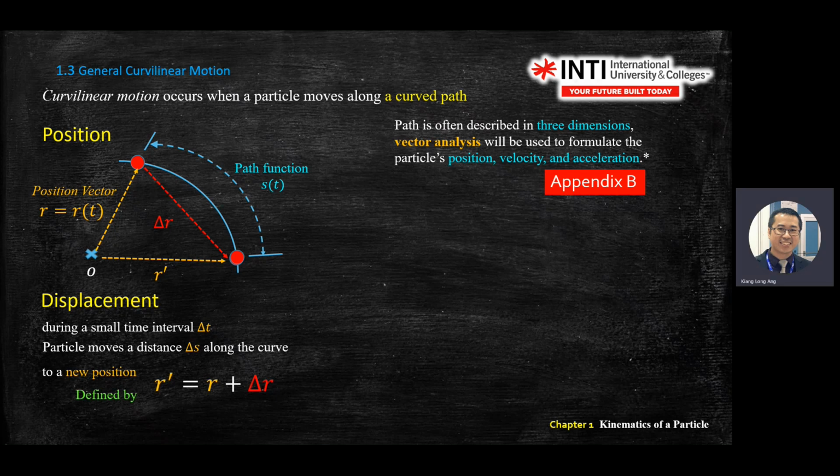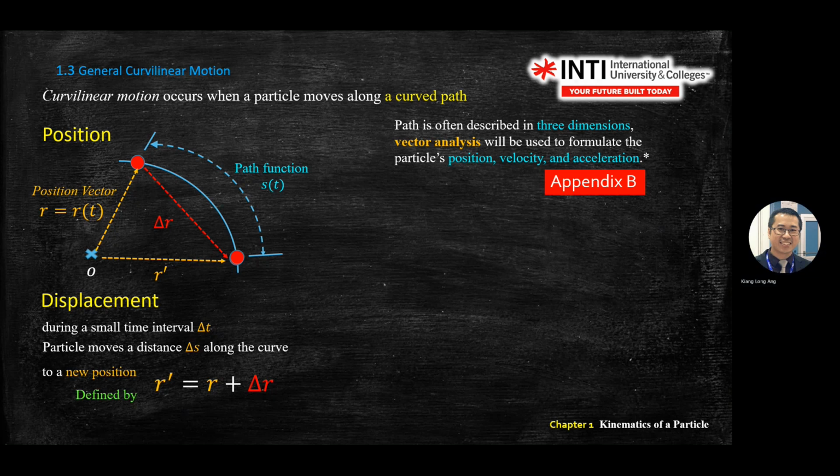So we have our first equation for curvilinear motion: r prime equals r plus delta r. This is a vector diagram, where V equals Vx plus Vy, for example. What does it mean? Final position equals initial position plus the change of position.